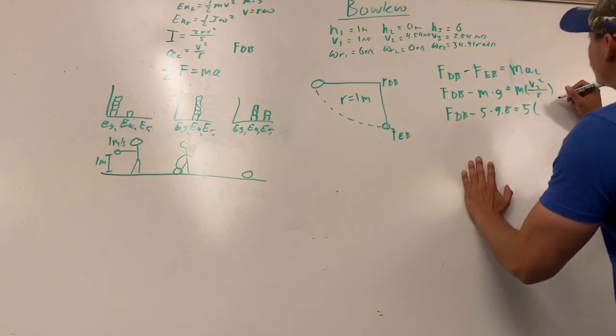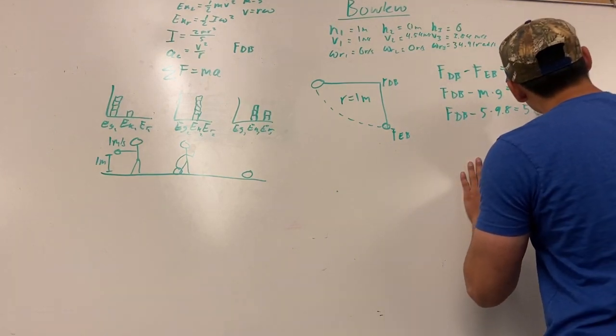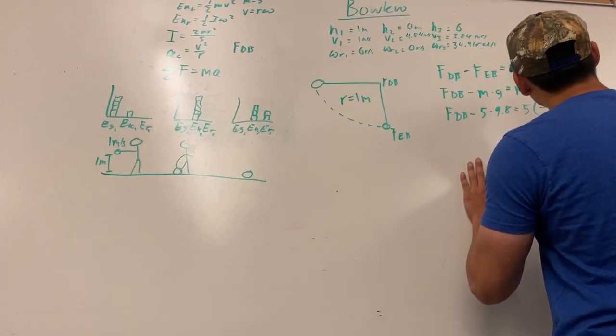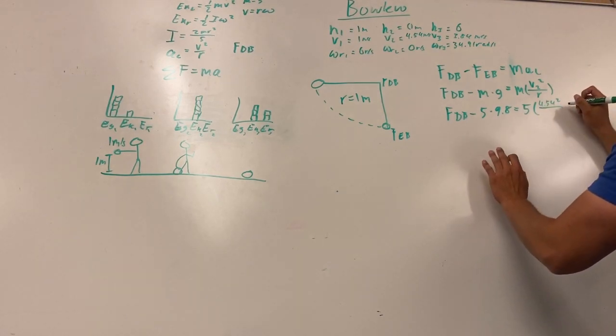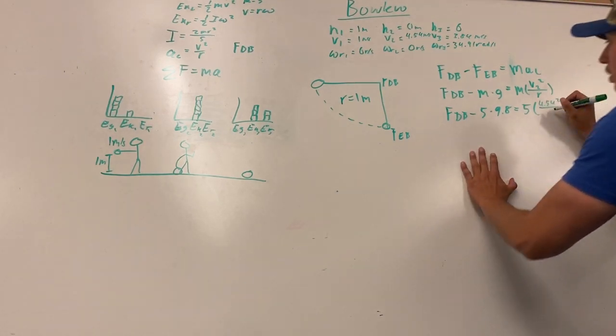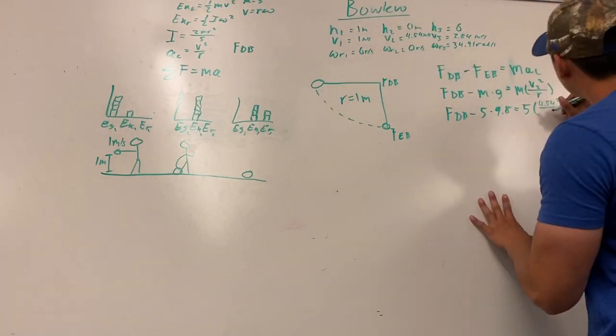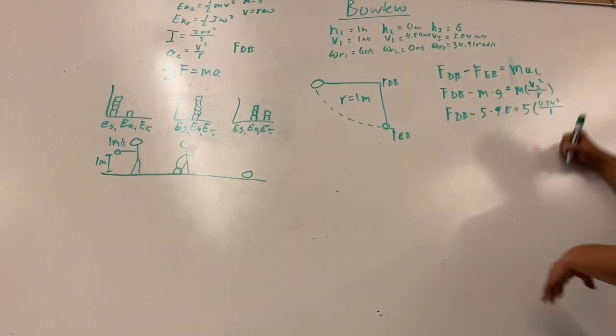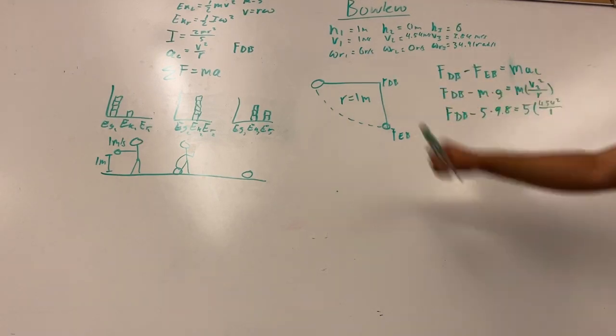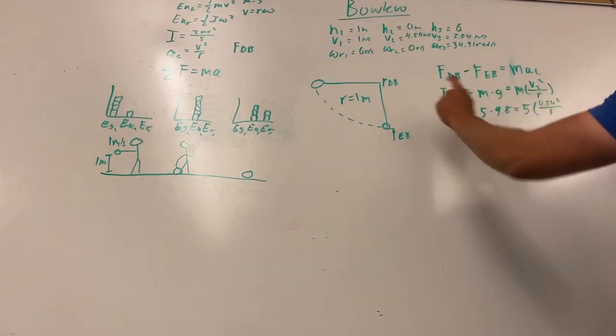V2, 4.54 squared over our R, which is gonna be 1 in this case because it's the length of the arm. That's what we're solving for, the force on David's shoulder, or the ball. Force of David on the ball.